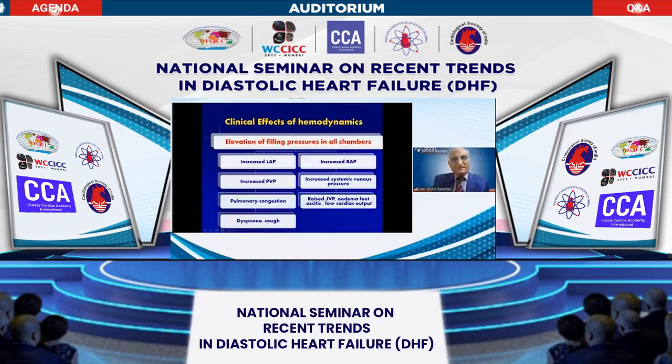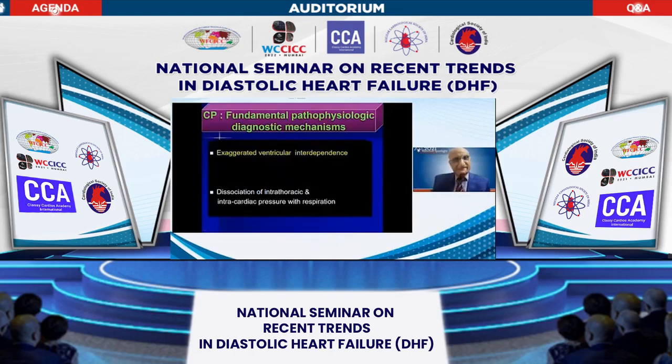The clinical effects of increased filling pressure in all chambers: on the left side, it manifests as cough and dyspnea due to pulmonary congestion. On the right side, increased right atrial pressure leads to increased systemic venous pressure, raised JVP, edema of feet, ascites, and low output. And these are some of the very diagnostic problems in these cases.